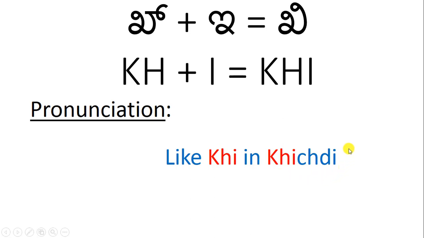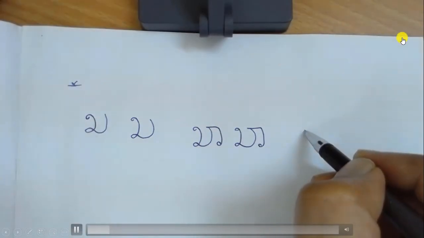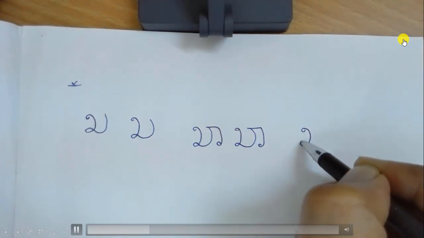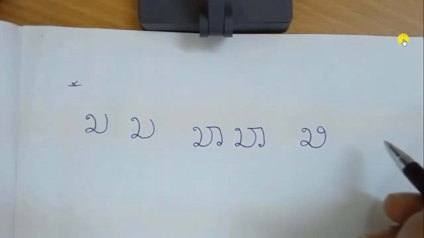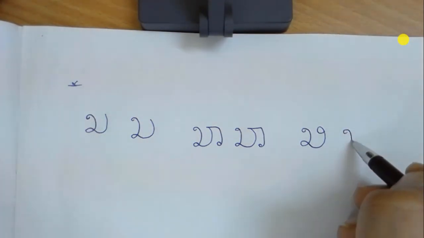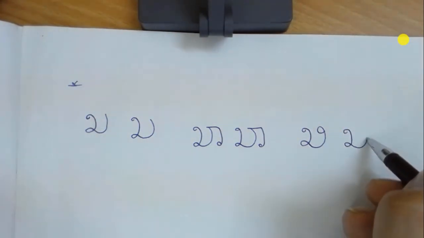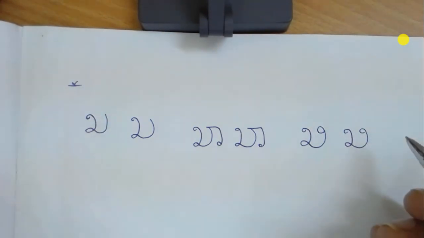Khichdi is an eatable thing that you find in India. If you are a listener from a different country, this is something that we eat in India. The way you write Khi is like this. Once again, Khi.